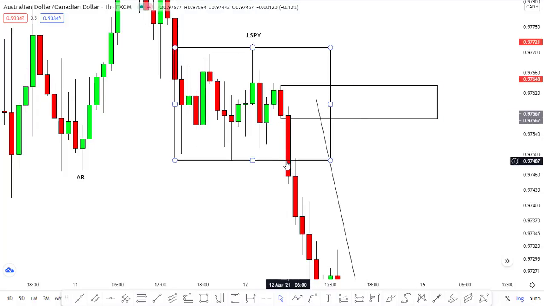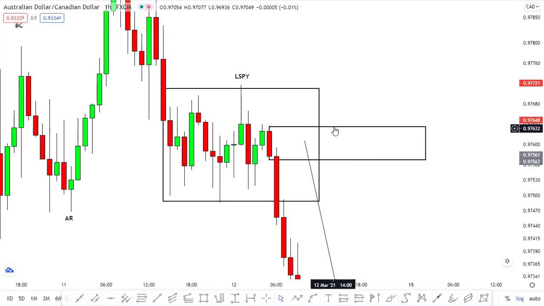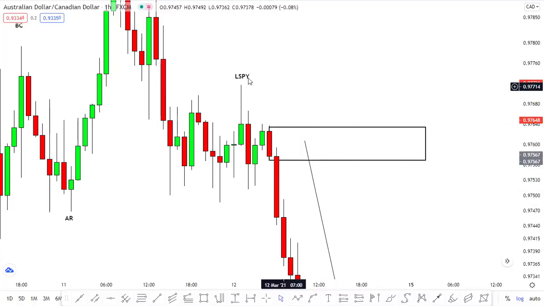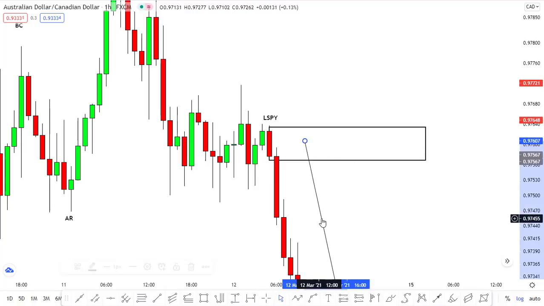Before that we had some bullish candles, but after this we had some consecutive bearish candles, which is the sign of a strong supply in the chart. So I call this the last point of supply, like this. So this is my desired level.